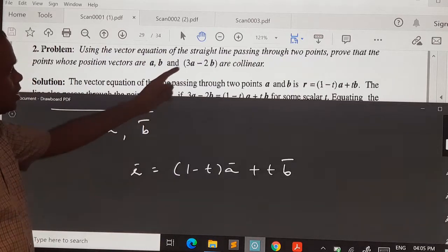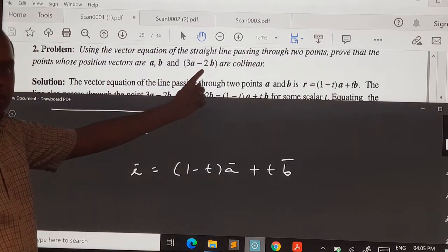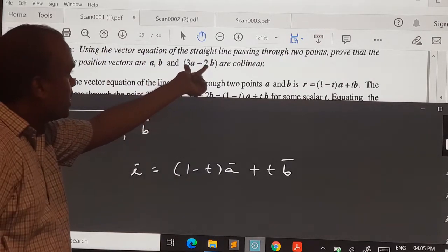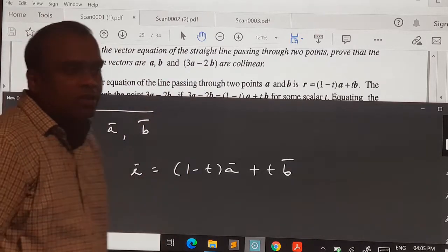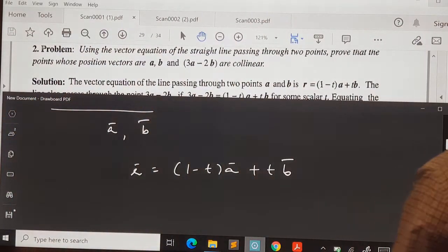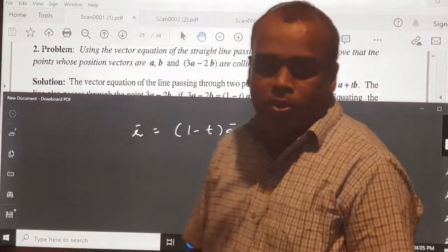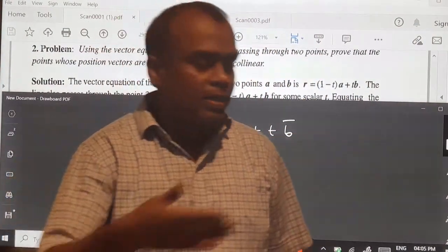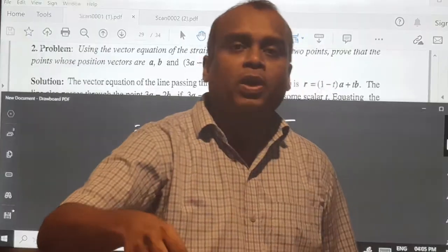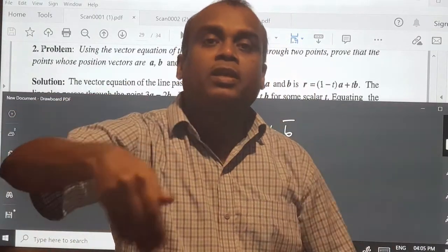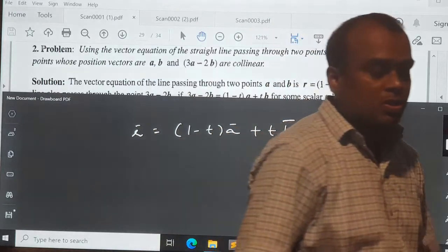Now we want to show that these 3 points are collinear. So we show that this point satisfies this line equation. So in the place of r bar, I verify, like the way we do in 2D coordinate geometry, like that I will do. I substitute the point and I show that it is satisfying the line equation.